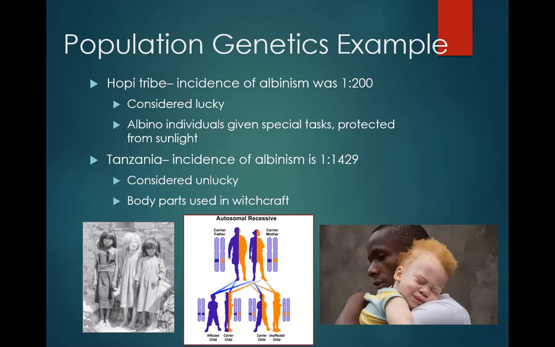Sometimes they're abandoned, sometimes they are killed, and sometimes they were killed for their body parts to be used in witchcraft. So the incidence of albinism over time in Tanzania really went down, as people with albinism were not protected and were not considered to be a good outcome for children.